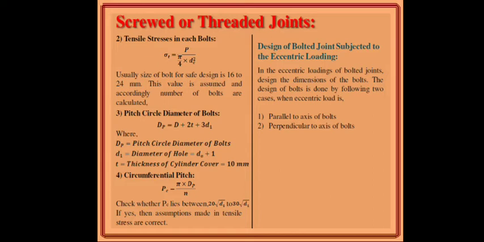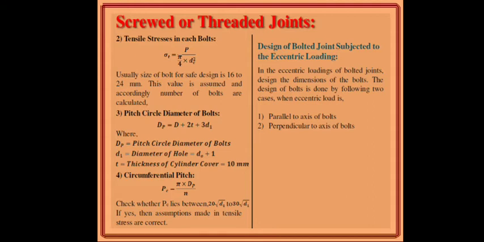Then the third one, the pitch circle diameter of bolt, where Dp is equal to D plus 2t plus 3d1, where Dp is the pitch circle diameter of bolt, d1 is the diameter of hole, which is equal to d0 plus 1, and t is the thickness of the cylinder cover, which is 10 mm. Now the fourth one, the circumferential pitch, where Pc is equal to pi into Dp divided by n.